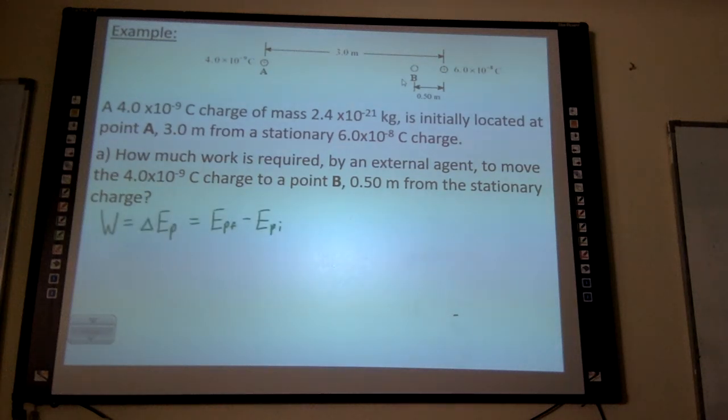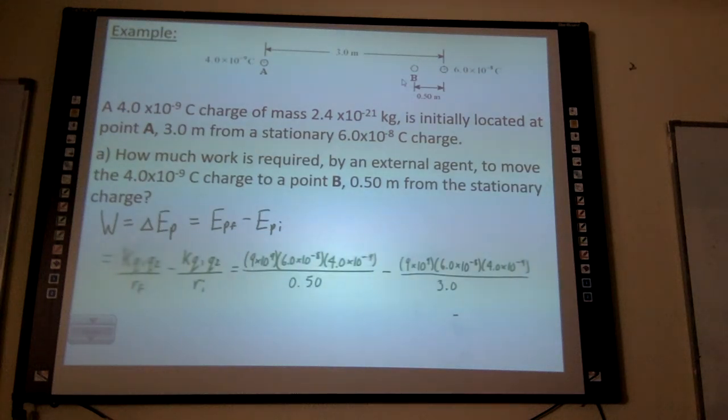So it's simply going to be work is equal to the change in potential energy. Notice this time my initial potential is not 0 because I'm not at an infinite distance. So I cannot cross out the initial potential energy. But we have equations for this.